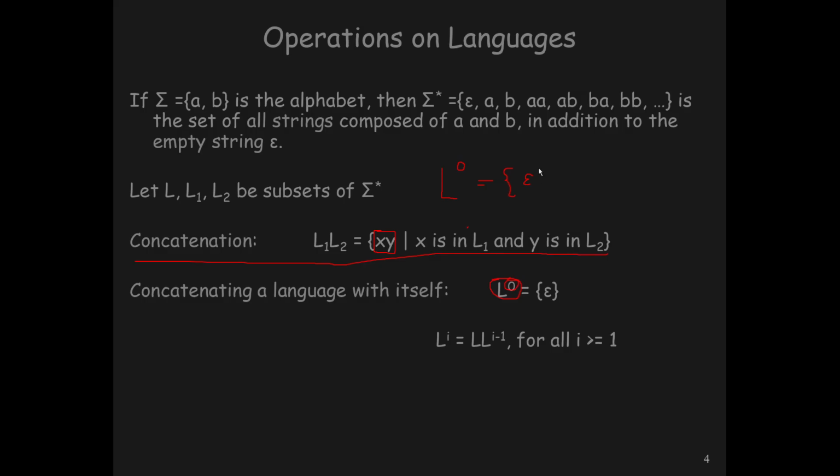I'm sorry. And then L1, or just L, is the language itself and nothing else. Then L2 would be the concatenation of L with itself. So remember, this is a language, so you can get a lot more strings out of this, possibly.